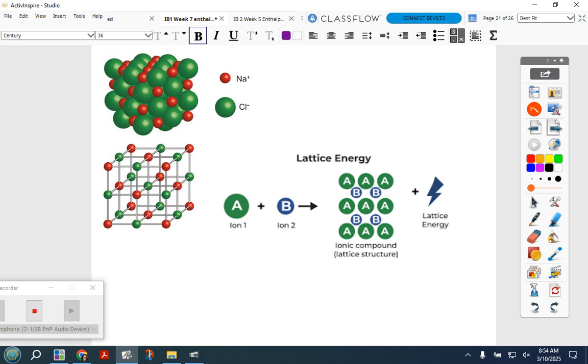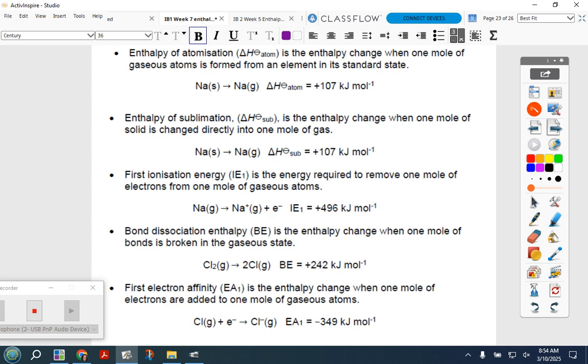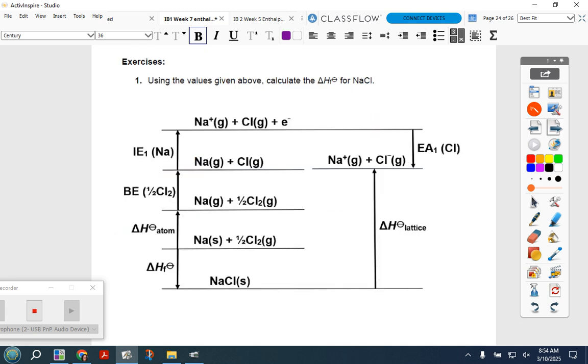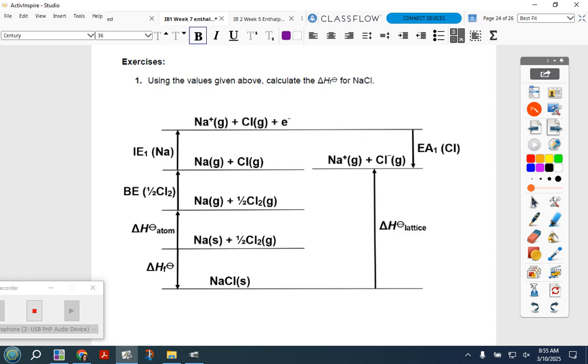If you look at page 6, there's this very long list of things that looks just awful. And then there's this big chart here, which looks like, oh my God, what is going on here? Basically, page 6 is giving you all the pieces of the chart on page 7.